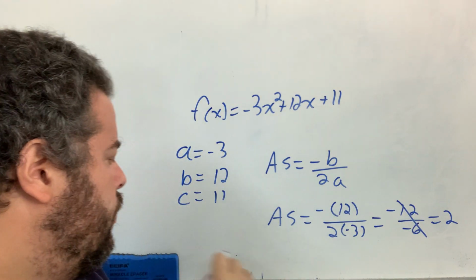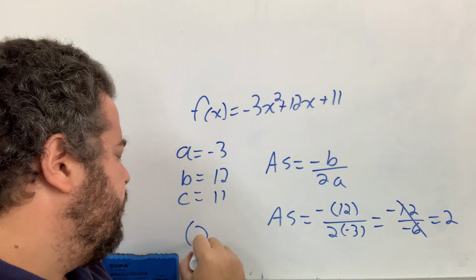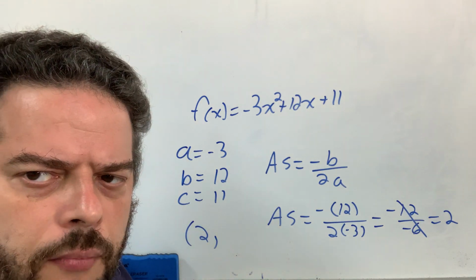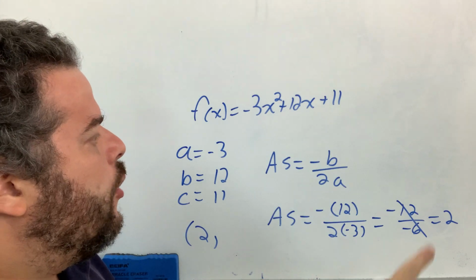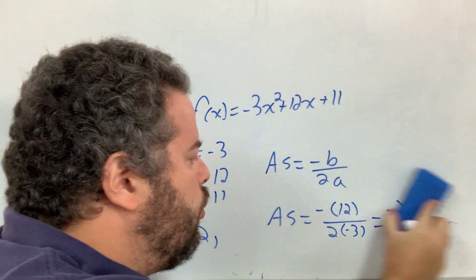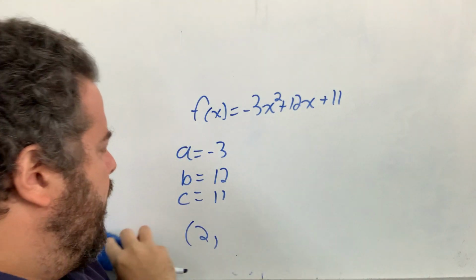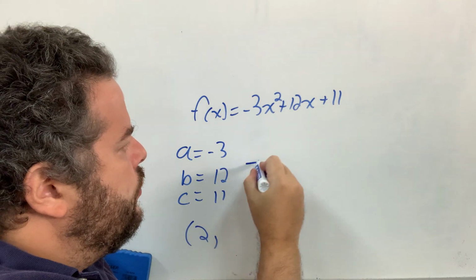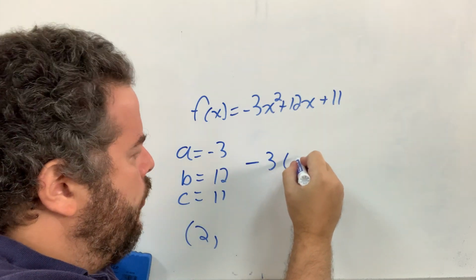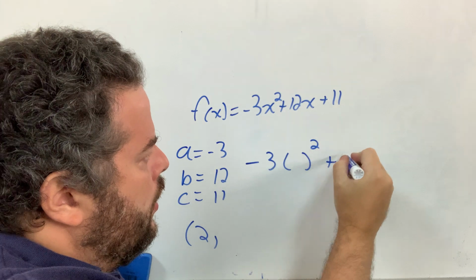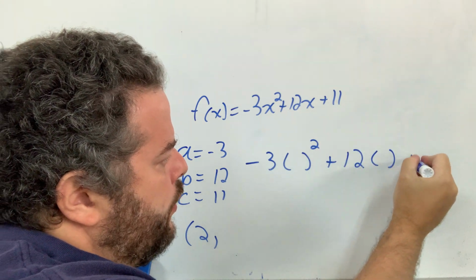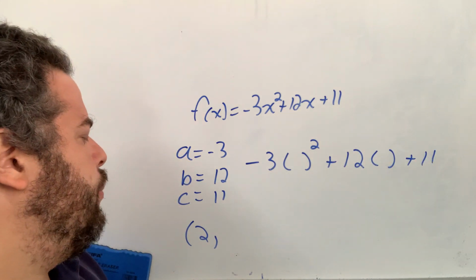So now I know that my input has to be 2 in order to find the vertex. I go back to my original equation, and now I substitute the x's for the value 2. But again, always put the parentheses and proper PEMDAS.